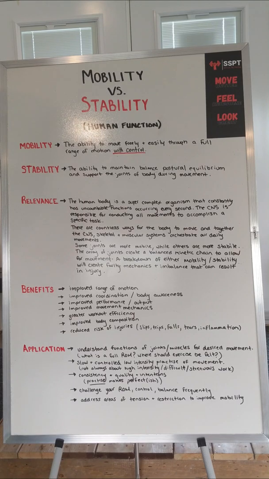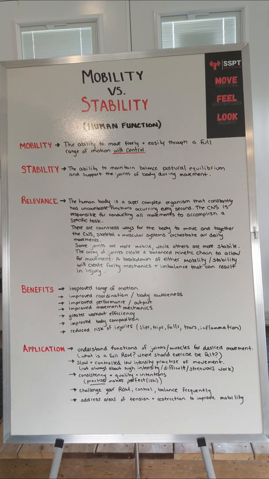So when we're talking about the benefits of these two terms implemented into your routine, we're looking at improving your range of motion. Again, with your range of motion and the ability to control it and be stable through the range of motion, you're going to be increasing your mobility.